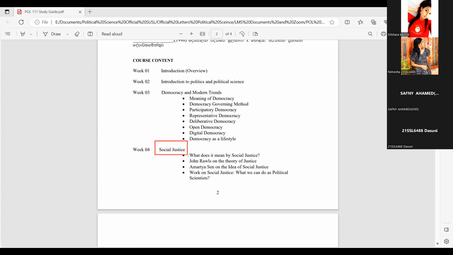He won the Nobel Prize and is also a Cambridge scholar, right? So we will talk about what Amartya Sen pursued in terms of social justice, right? Don't be afraid of all these things. We will discuss these concepts very simply, very slowly, and very clearly, right?